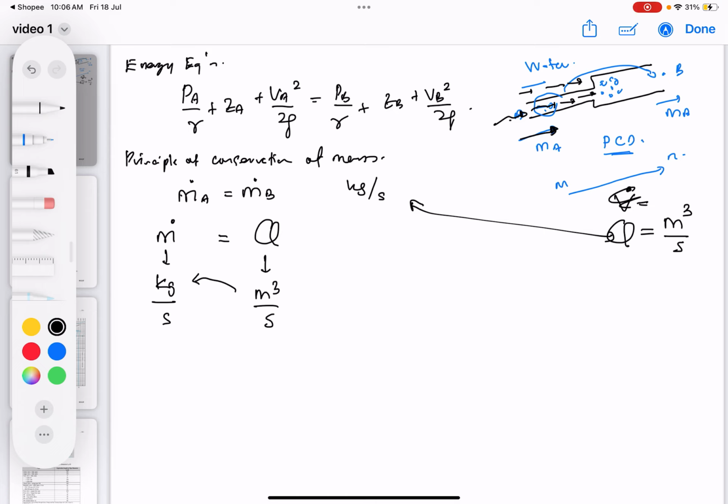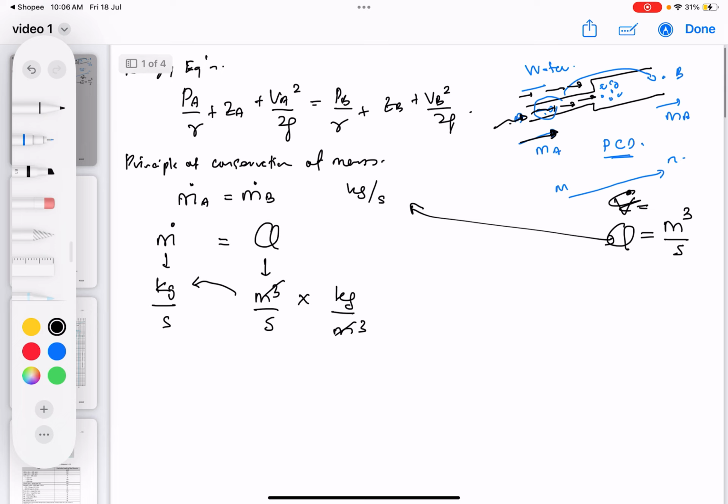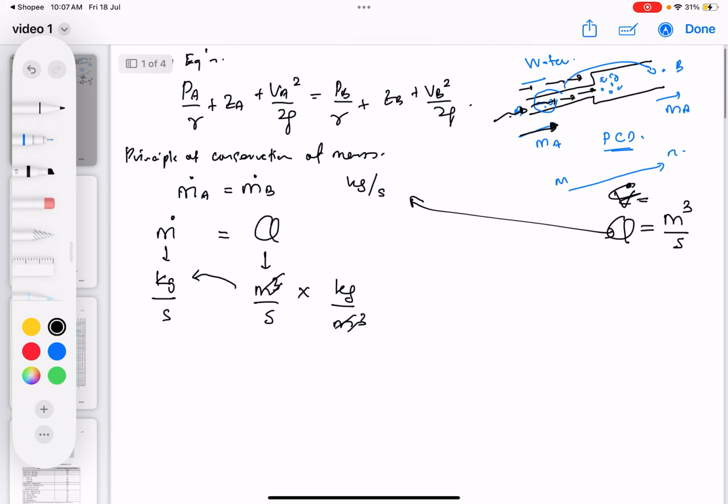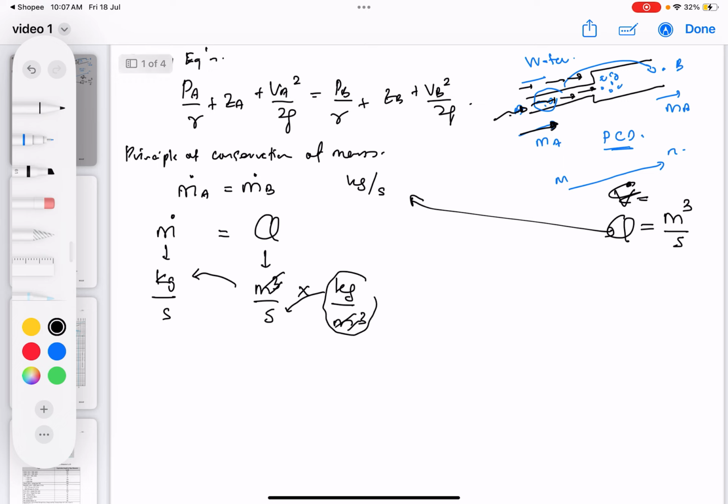How do I get kilograms from here? Actually I have to multiply by kilograms per meter cube so that I can cancel out my meter cube here. So I end up with kilograms per second. But kilograms per meter cube is actually density.